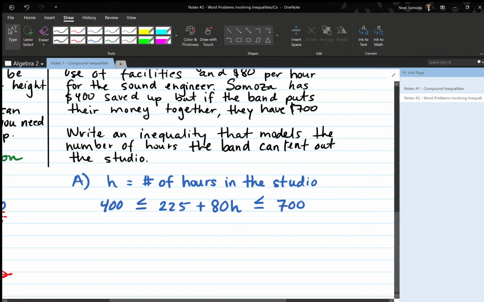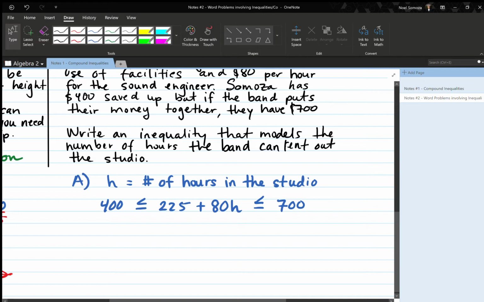Round it to like 2 decimal places. I think most of us have some sort of answer.